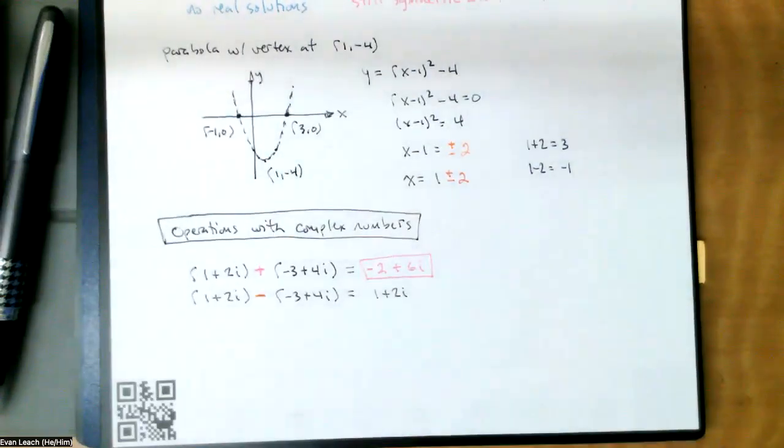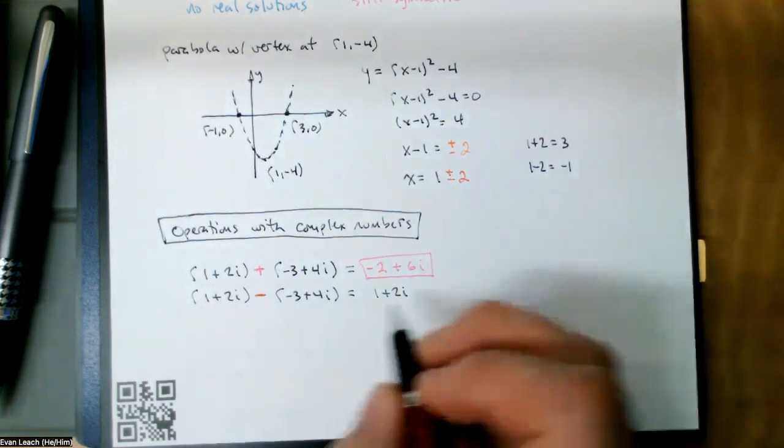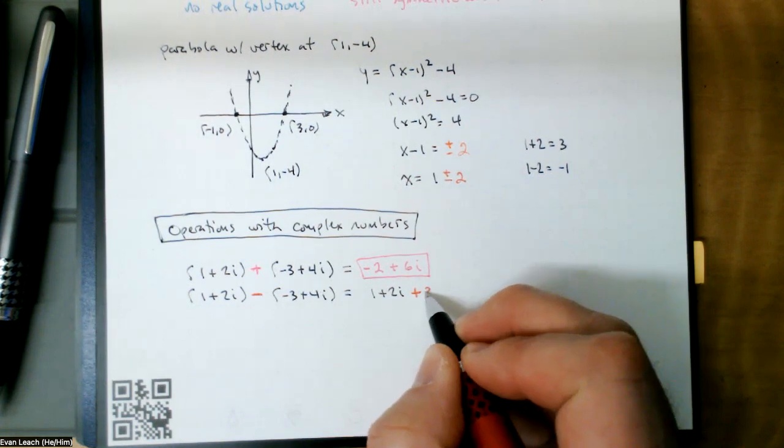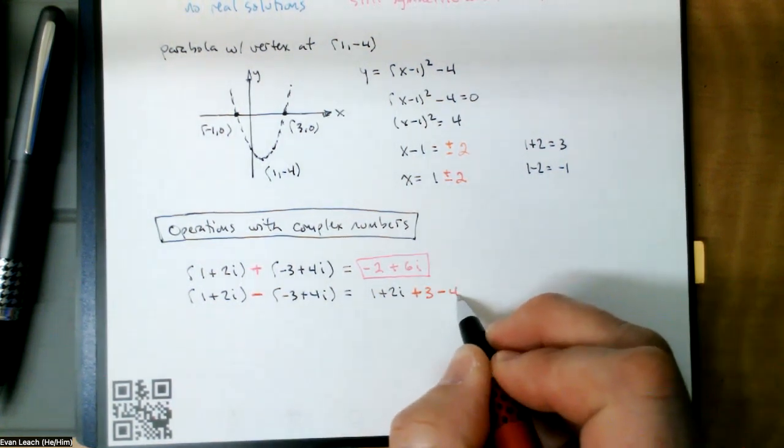So now that we're just going to do like terms, if I ask you to subtract these complex numbers, you're just going to add the opposites. So minus a -3, you just change the signs. Minus a +4i is -4i.